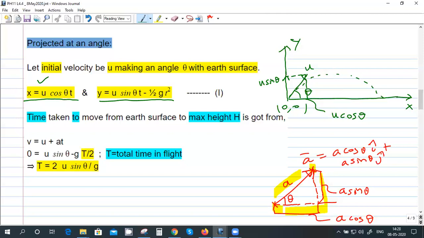Now at this topmost point, if I draw a tangent to be horizontal, what is vx and what is vy at this particular point? What is the x component velocity?